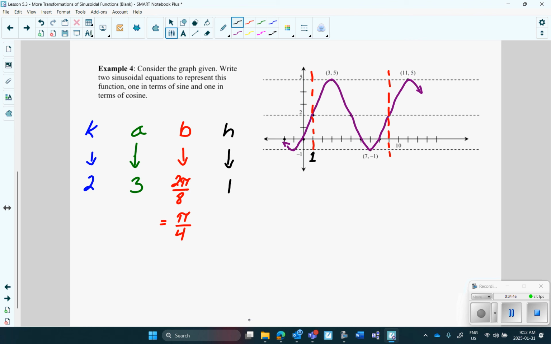So in terms of sine, we get y equals 3 sine [pi over 4 (x minus 1)] plus 2.